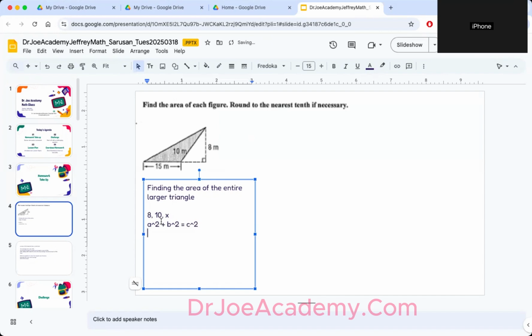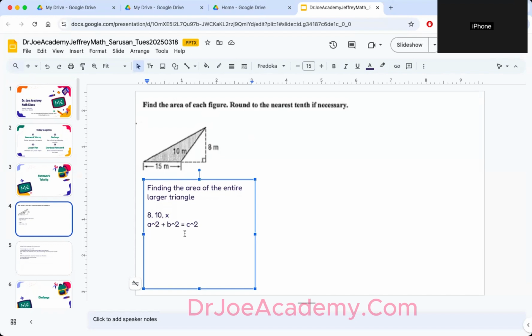All right, now knowing this information, which values do we sub in? Where does the 8 go? Where does the 10 go? And where would the x go? I guess the x at the end of the equation. But no, the x would go into, wait, I'm confused.